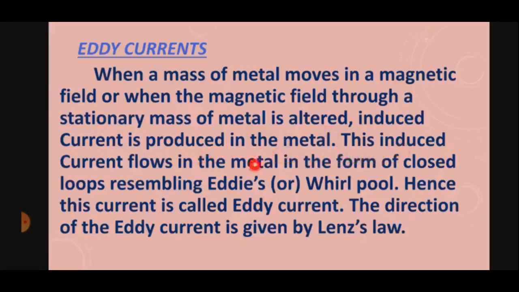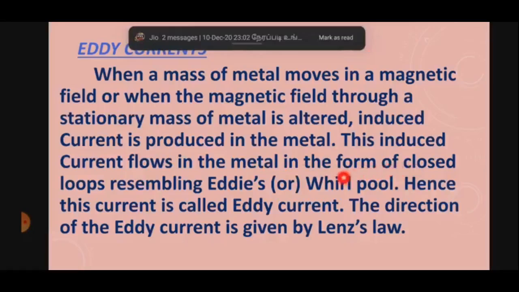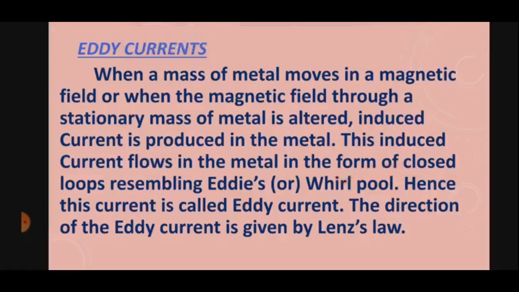This induced current flows in the metal in the form of closed loops resembling eddies, or a whirlpool. Hence this current is called eddy current. The direction of eddy current is given by Lenz's law. Understand, students? Okay.